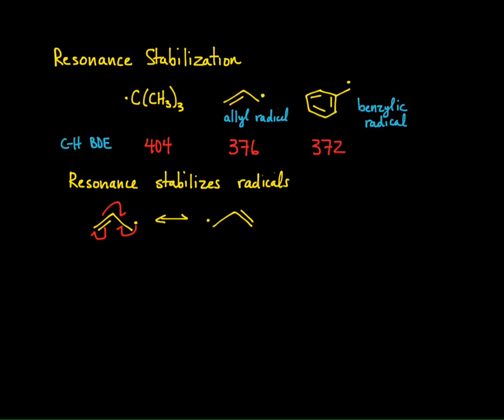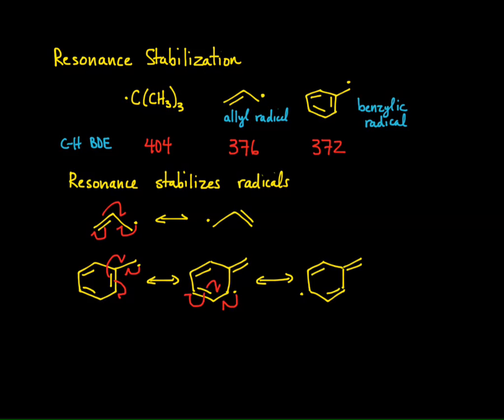You can get stabilization. Likewise, with the benzylic radical, which we've already seen, I'm going to go through this rather quickly, but you can look back in your notes. You can generate various resonance structures. This is the first resonance structure, again another allylic system, which I can then move my electrons around to form the second resonance structure, and then move my electrons again to form my third resonance structure.